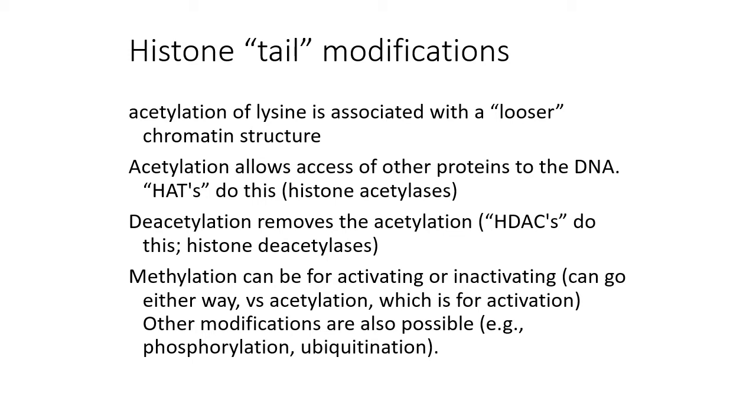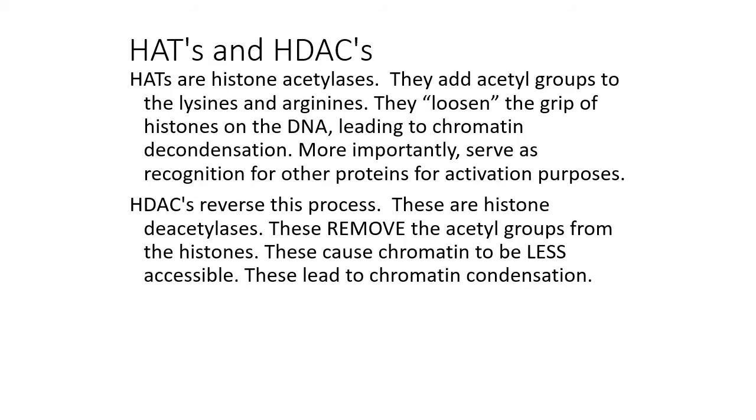There are other modifications that are also possible that we won't talk about specifically. One is phosphorylation, of course, and the other is ubiquitination. Okay, so HDACs and HATs add or remove acetyl groups from the lysines and arginines. And I'm going to show you what that process looks like in terms of the actual amino acids.